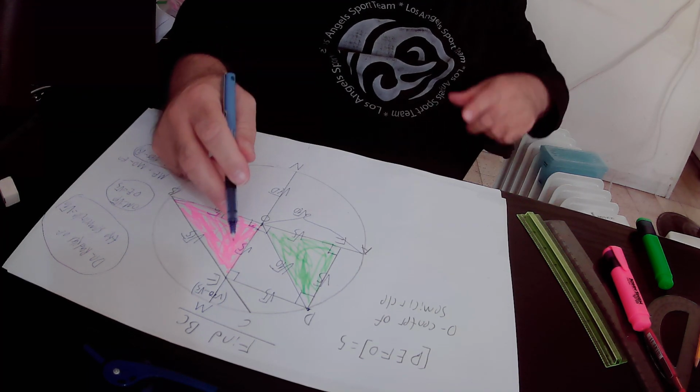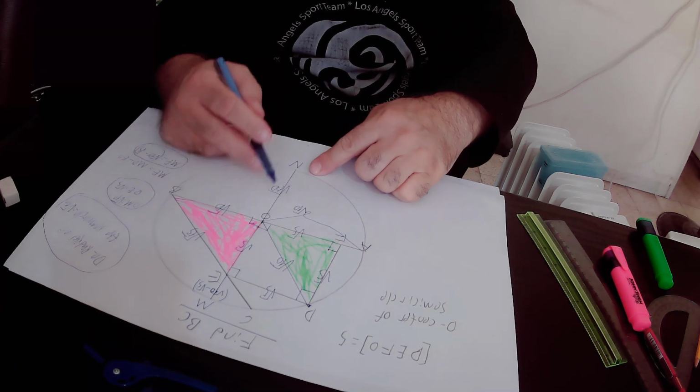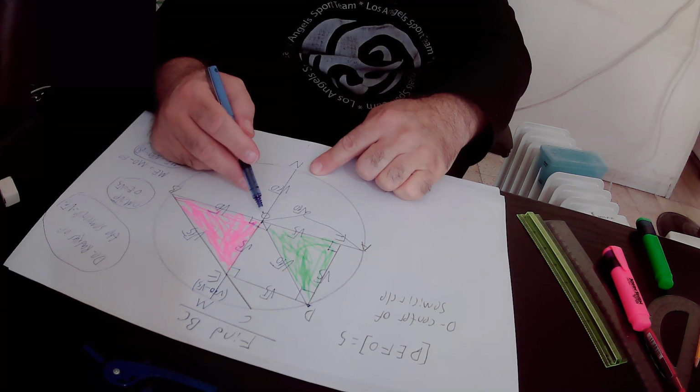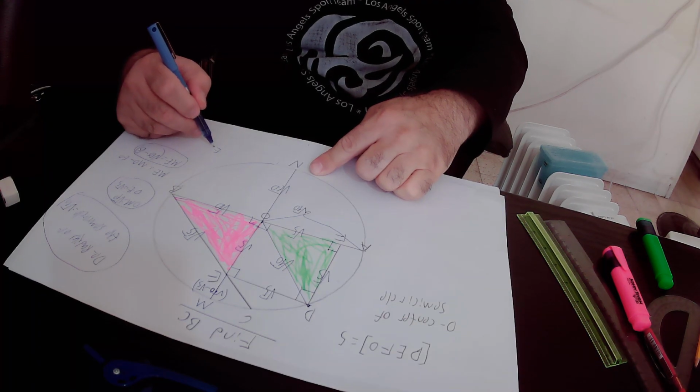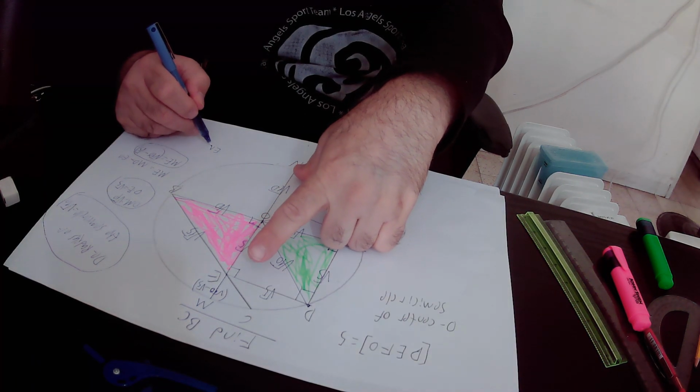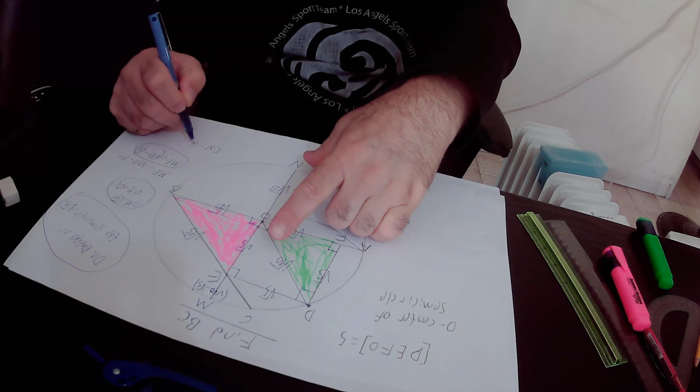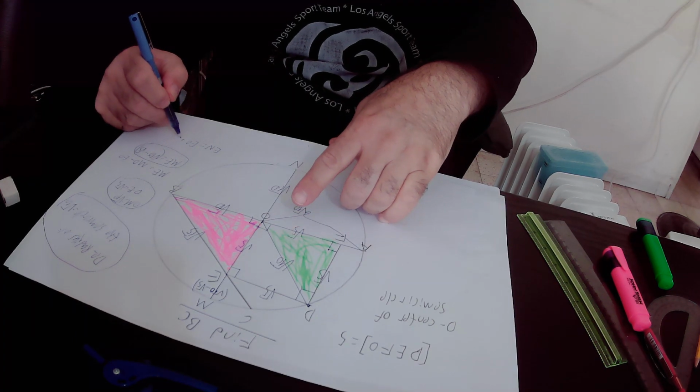What is the length of EN? The length of EN equals EO plus ON. Again, it is very easy to see that EN equals EO plus ON.